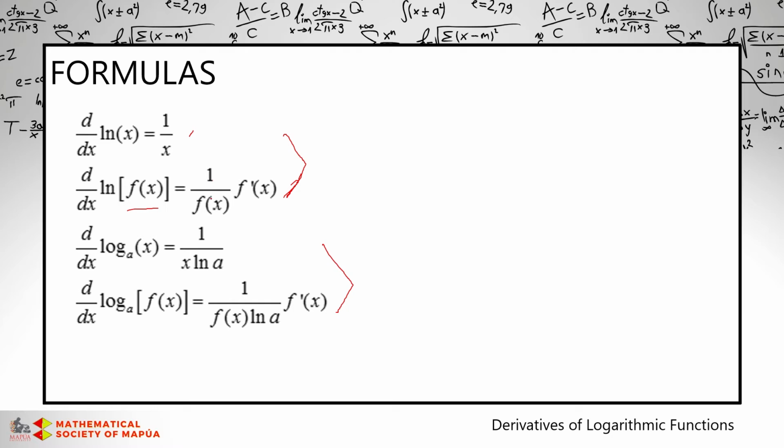Ito lang siya, 1 over the function times the derivative of the function. So, kung mas familiar kayo, ito is actually u. Diba? So, much more common notation is 1 over u du.